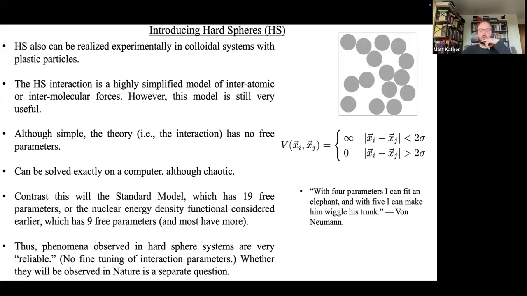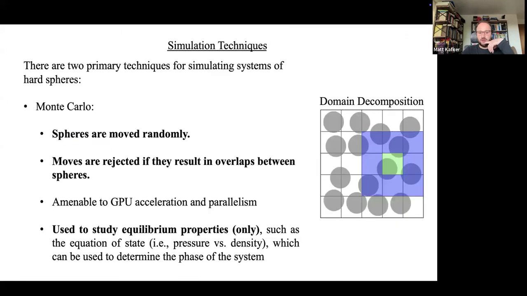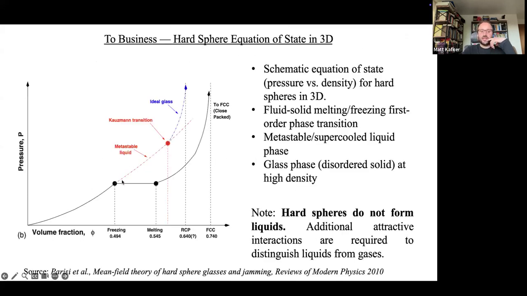And even if you do, what they give you is this low density branch, and then the metastable liquid branch, but they don't predict any of the phase transitions. So all of this branch up here at high density, you have to do either numerics or some mean field theory kind of construction. It can be done, but you'll never get all the way there, if that makes any sense.